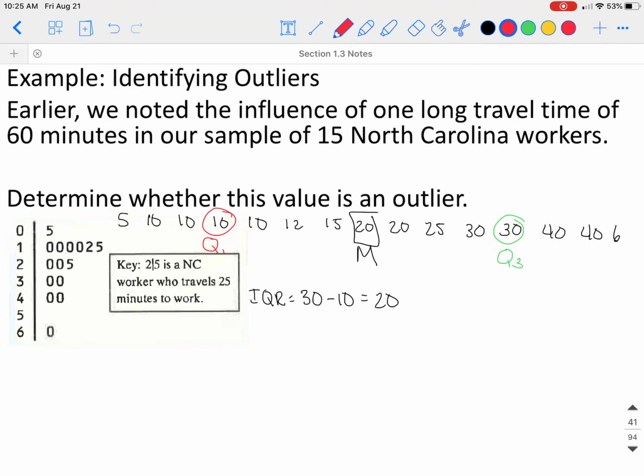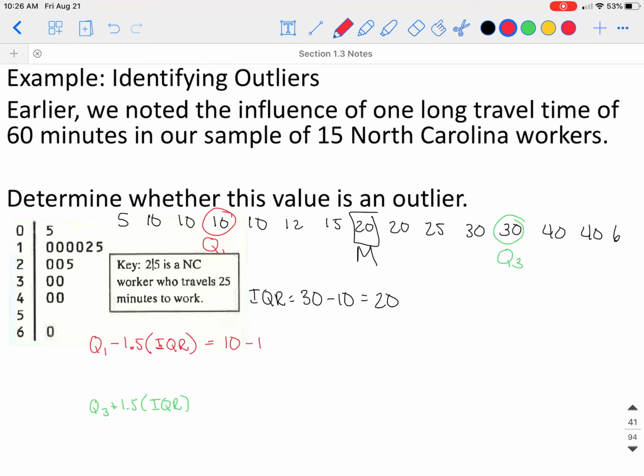To determine if there are any outliers, we are going to do Q1 minus 1.5 times the IQR. If any data values fall below what we get there, then we know they're an outlier. And we're going to do Q3 plus 1.5 times that IQR. If any data values fall above that value, they will be outliers.